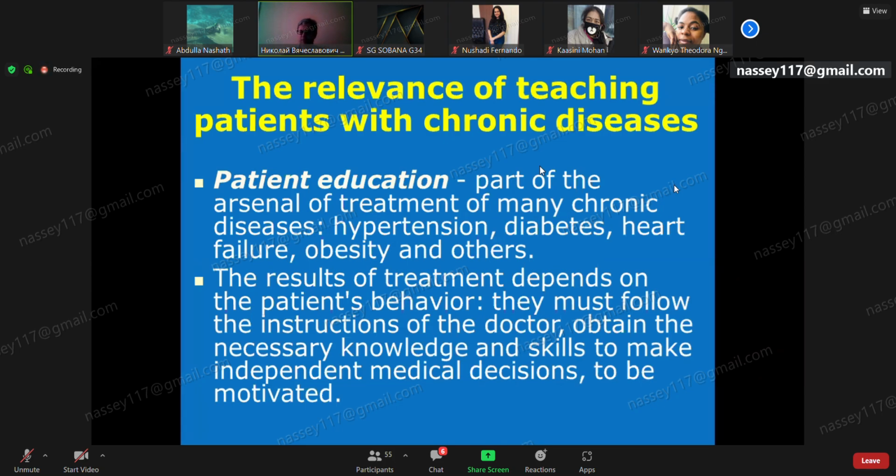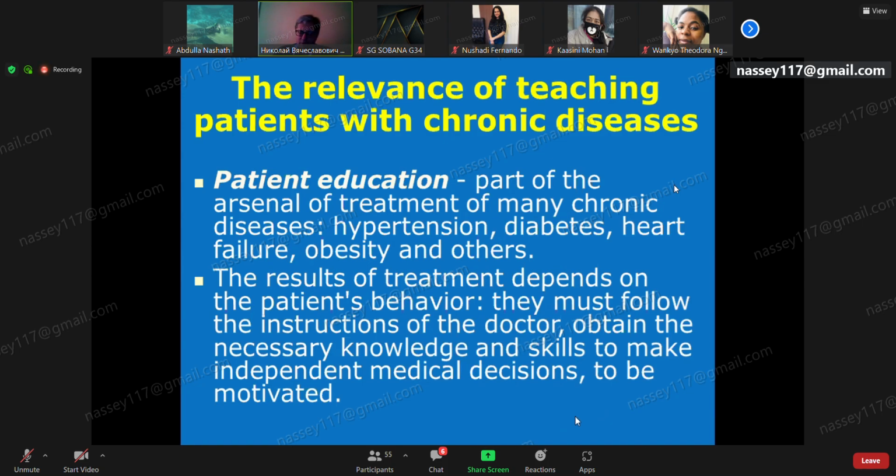Of course, patients should follow the doctor's instruction, obtain the necessary knowledge and skills to make independent medical decisions, and they should be motivated.